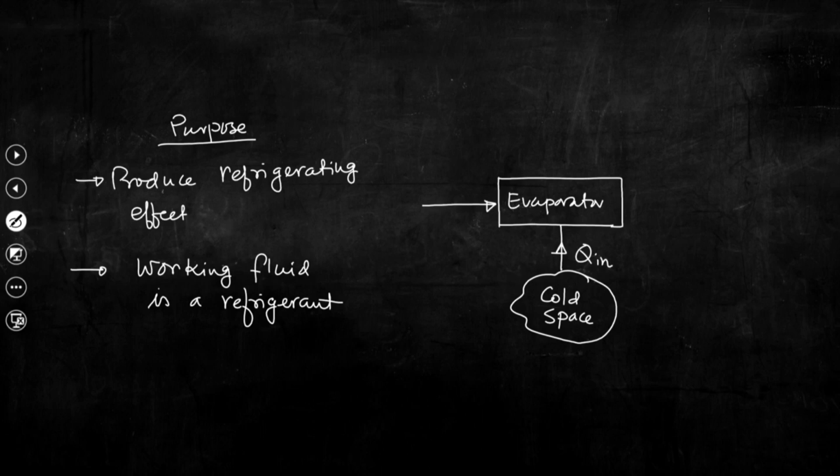On receiving heat, the working fluid is converted into vapor, and the evaporator is designed in such a way that at its exit we get saturated vapor of the working fluid. If we name this point 1, at 1 the refrigerant would be in a saturated state.